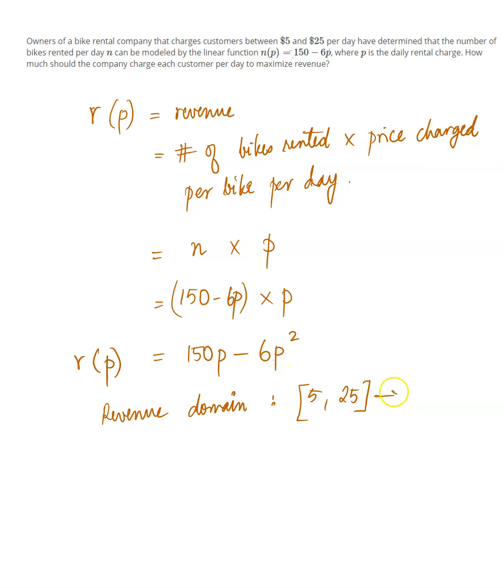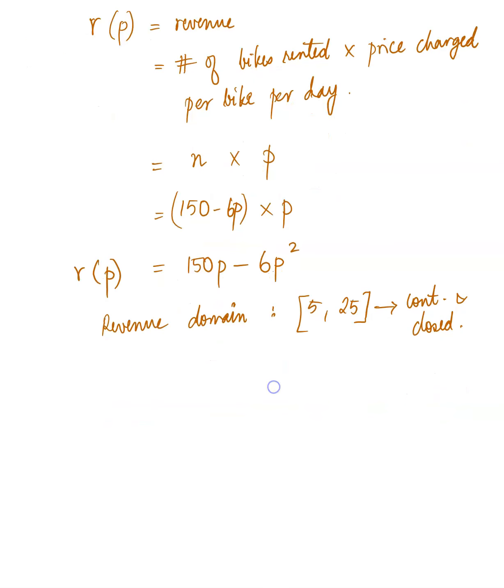Right away, you know that EVT, the extreme value theorem, kicks in, because it needs the function to be continuous on a closed interval. That means it guarantees that we will have an absolute max and absolute min in that interval.